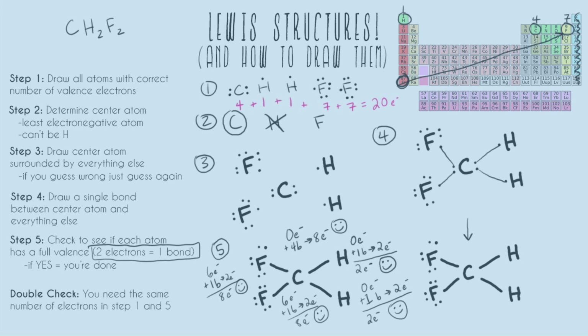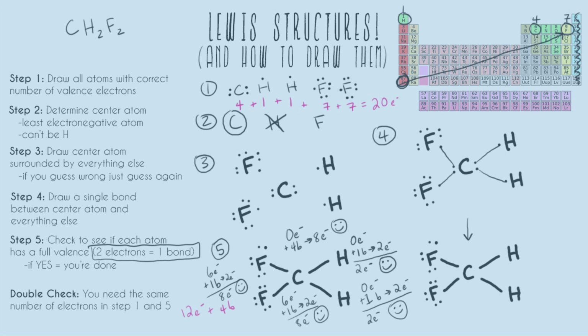And so if we look at everything at step 5, we have a total of 1, 2, 3, 4, 5, 6, 7, 8, 9, 10, 11, 12 just electrons that are on those 2 fluorines, right? And then we also have 4 bonds in our total molecule.